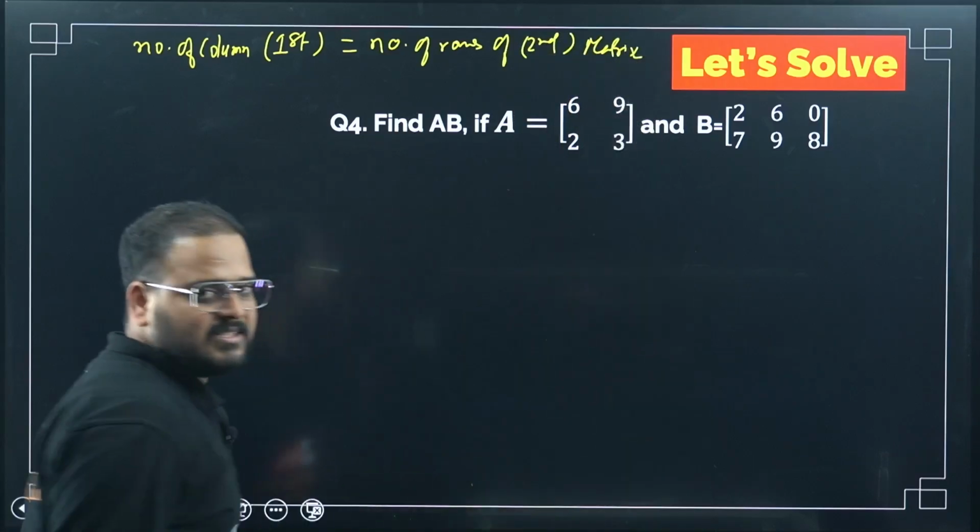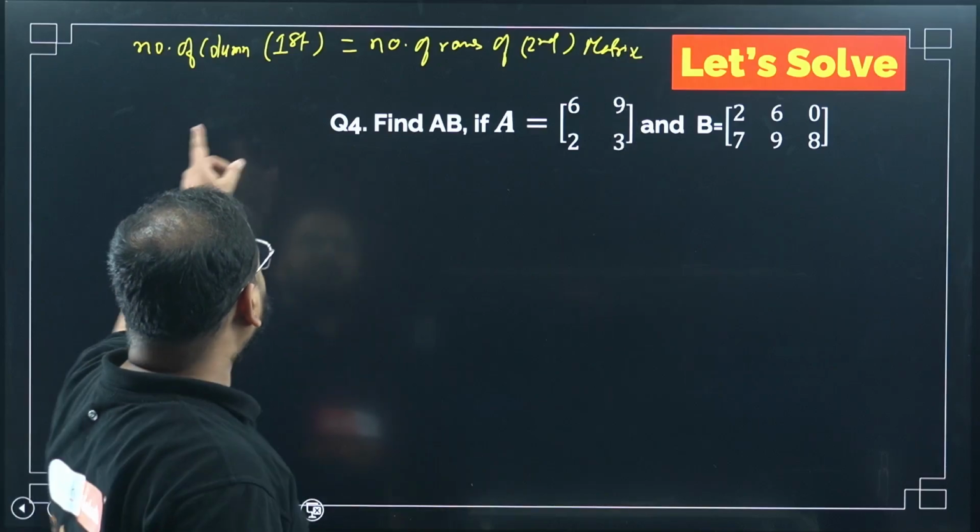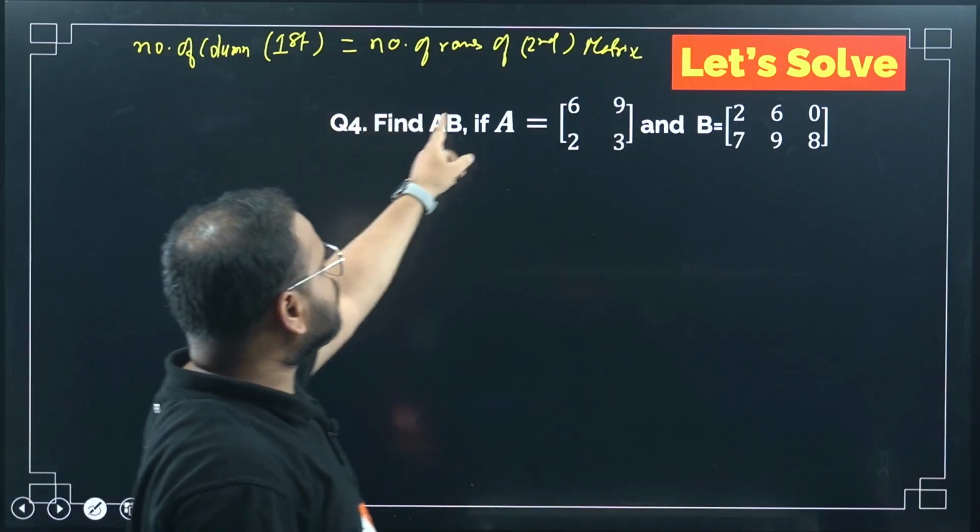Let's see how. Number of columns of the first matrix equals the number of rows of the second matrix.